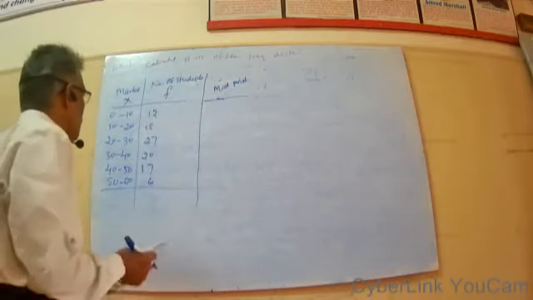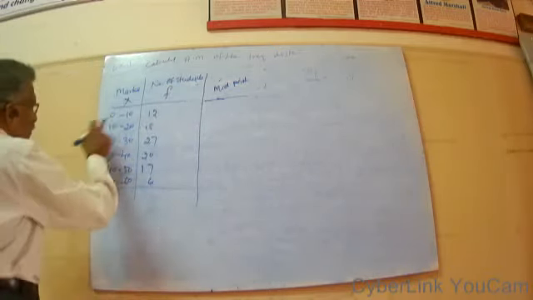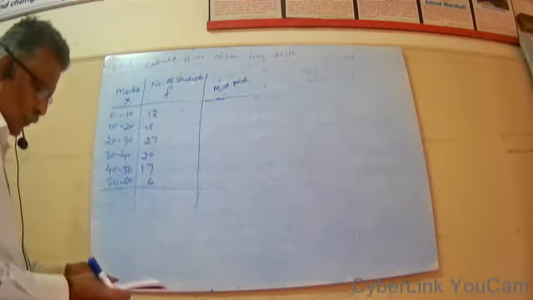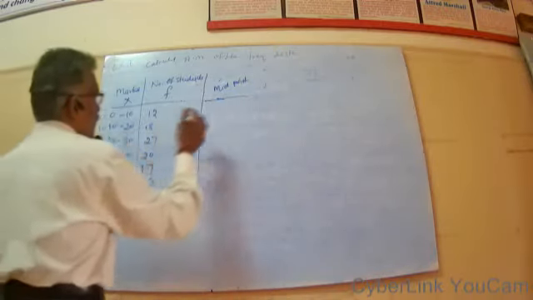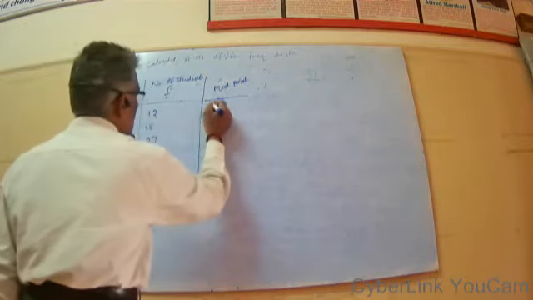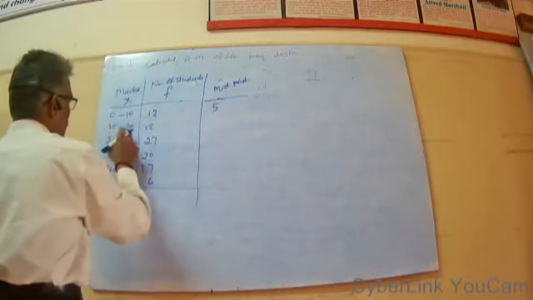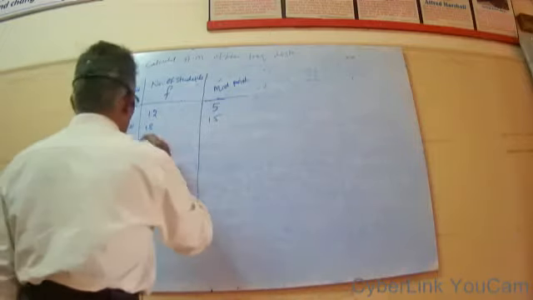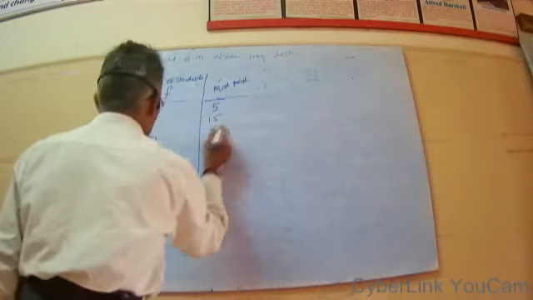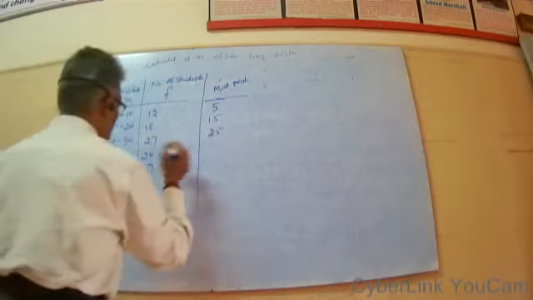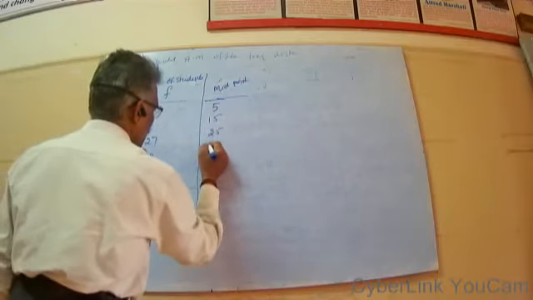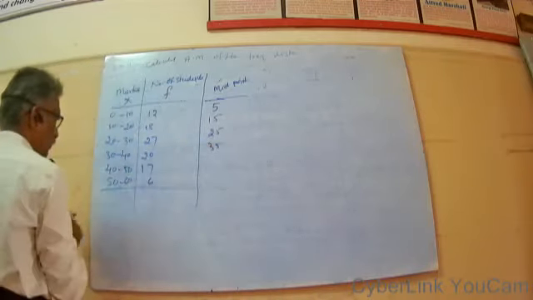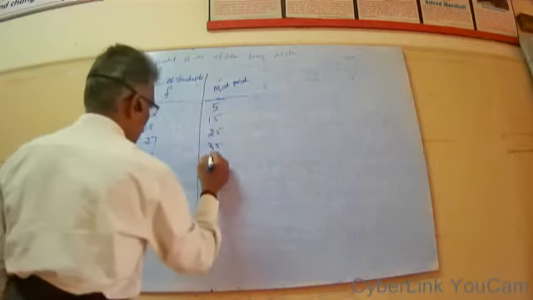How do we take the midpoint? The midpoint is this plus this divided by 2. 0 plus 10 divided by 2 means 5. 10 plus 20 divided by 2 means 15. 20 plus 30 divided by 2 means 25. 30 plus 40 divided by 2 means 35. 40 plus 50 divided by 2 means 45.